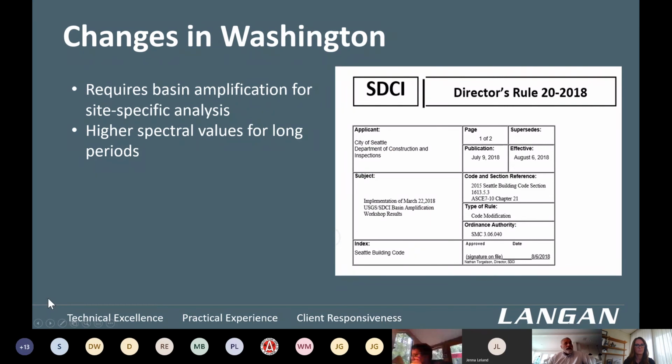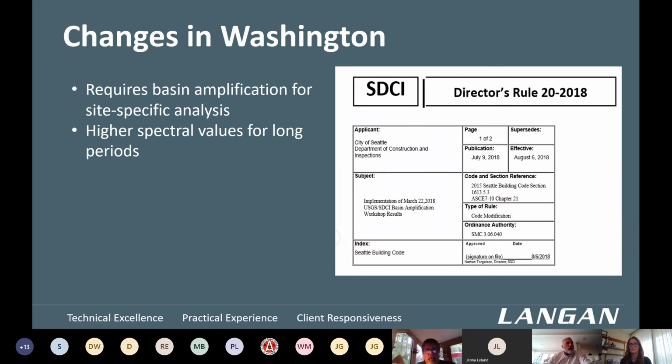The City of Seattle also has a director's rule that came out in 2018. As I was talking to you about the basin depth effects, ASCE 7 is now quantifying it with significant increases, but also the City of Seattle, because of the depth of basin that is particular to the Seattle region, has its own amplification for these longer periods.